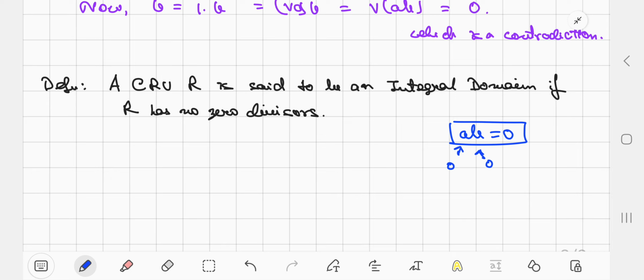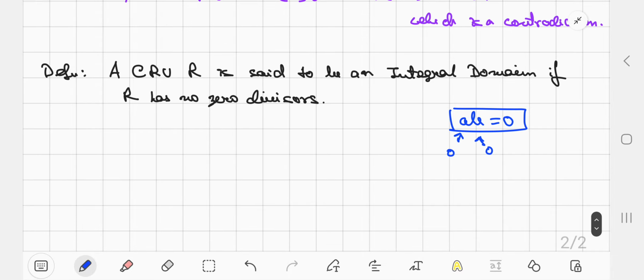If either A or B is 0, that's not quite something unnatural. So in some books, they include 0 itself as a zero divisor as well, because 0 multiplied with any element gives you 0. So in that case, we define an integral domain to be a ring that has no non-zero zero divisor. Clear?